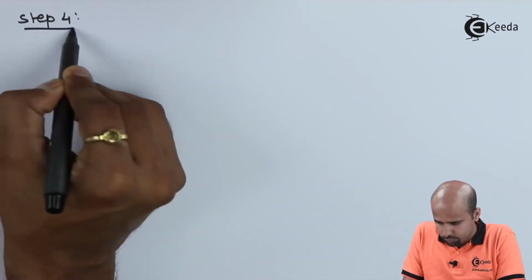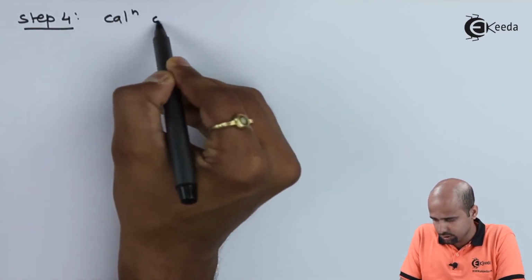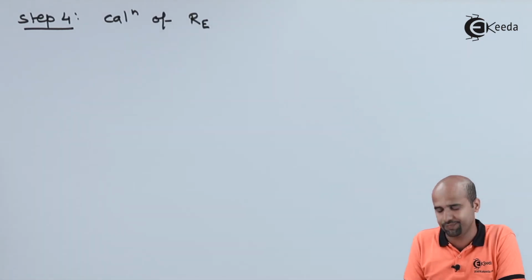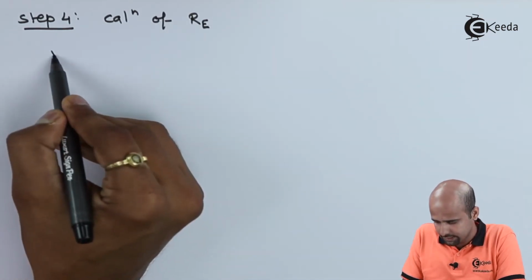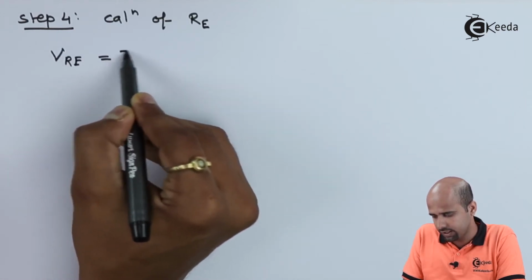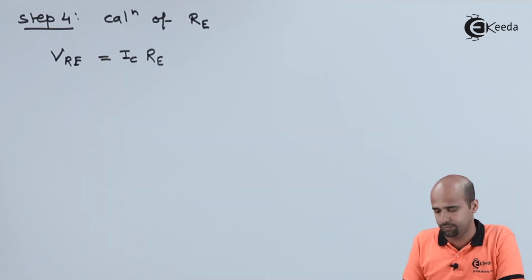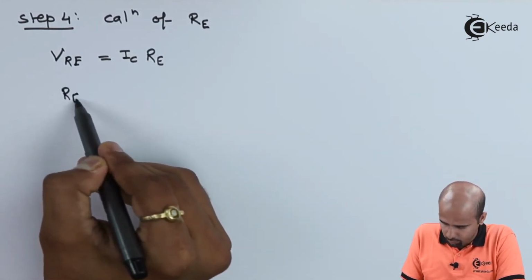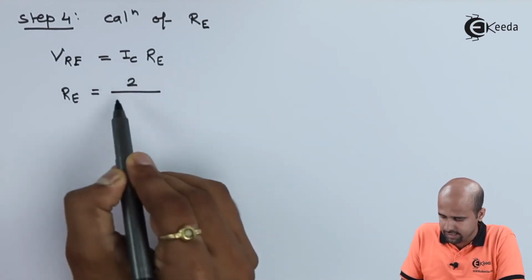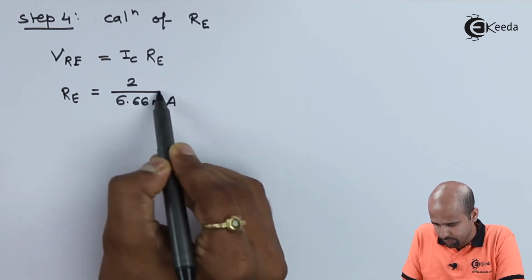Step number 4. In step number 4, we just have to do the calculation of RE. I know that VRE is nothing but IC multiplied by RE. So RE will become VRE, which is 2 volts, and IC is 6.66 milliampere.